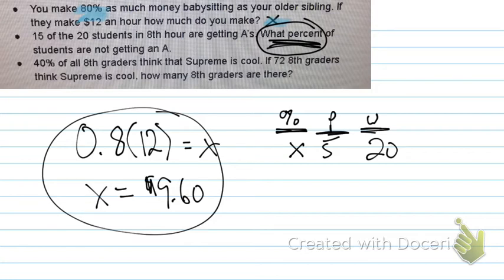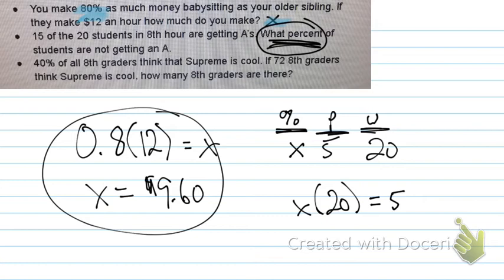Now, some of you could have found a percentage of the 15, and then kids with A's and kids without A's should add up to equal what percentage? 100. So, depending, you could have gone about it that way. But let's check this out. I know that what percent of the 20 students, 20 times that percentage, equal the total of how many students? 5. Right?